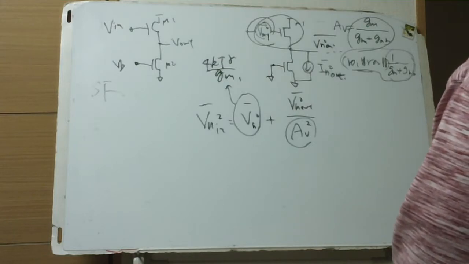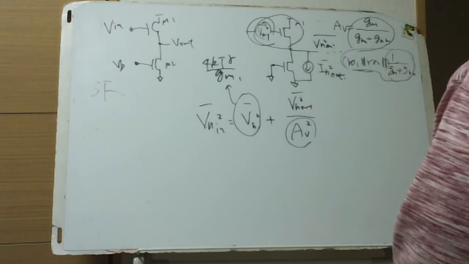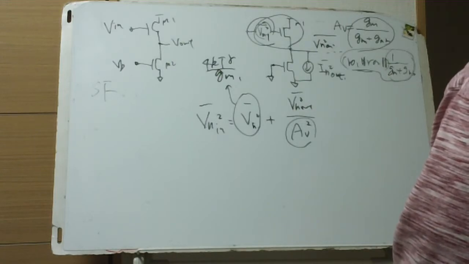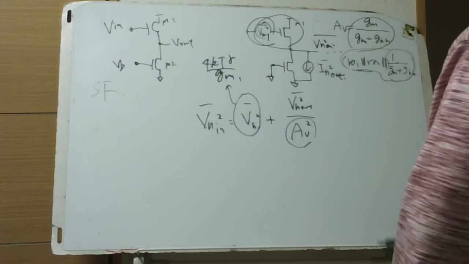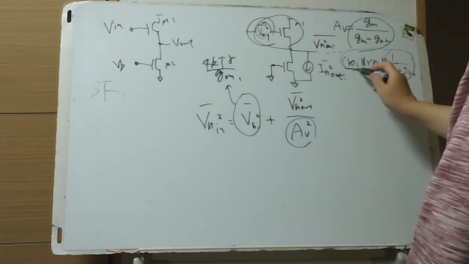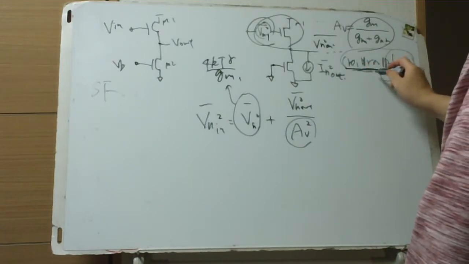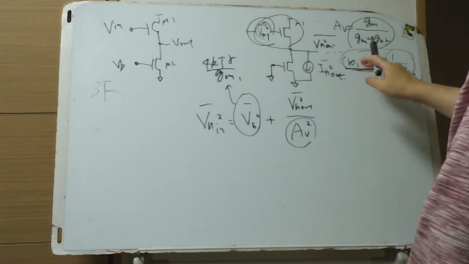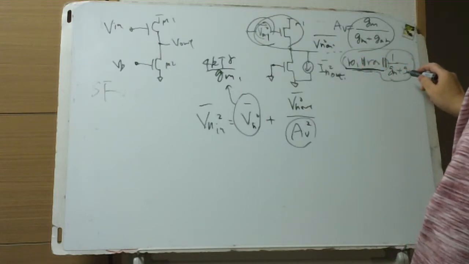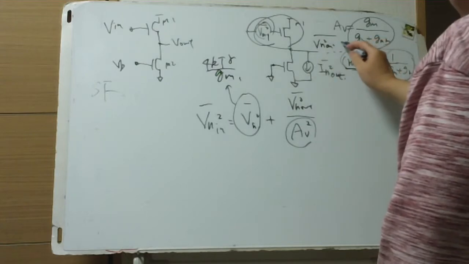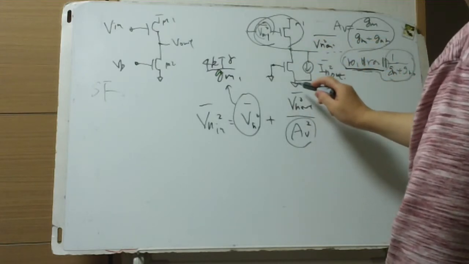We already know from the simple Thevenin equivalent voltage divider representation, and neglecting RO1 in parallel with R2, which is very much larger than 1 over gm plus gmb, and Vn out squared is this.